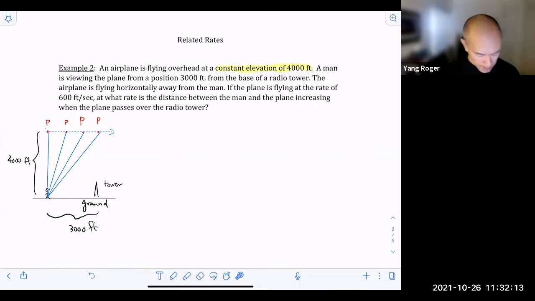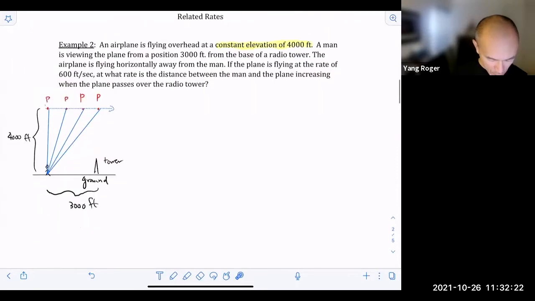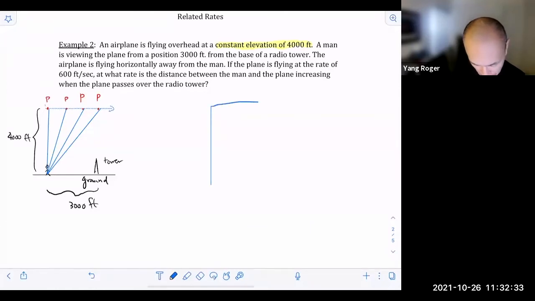One variable that I need to work with, well, my first comment is that our basic situation is we're going to be working with triangles. So let me just draw one abstract triangle to represent our situation over here.